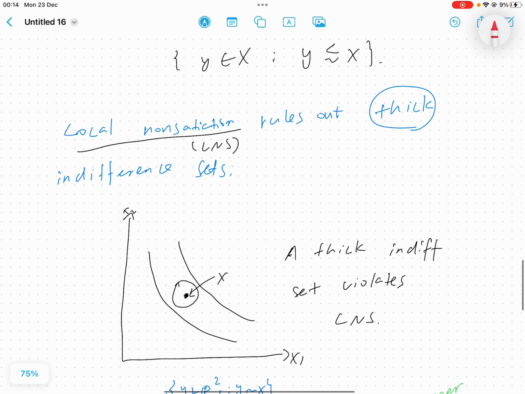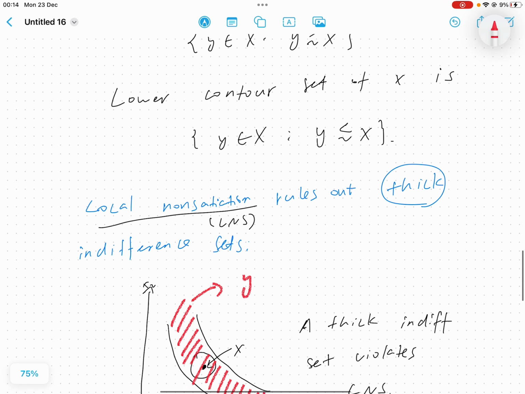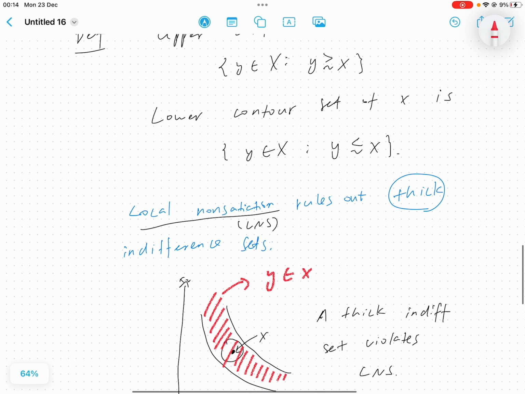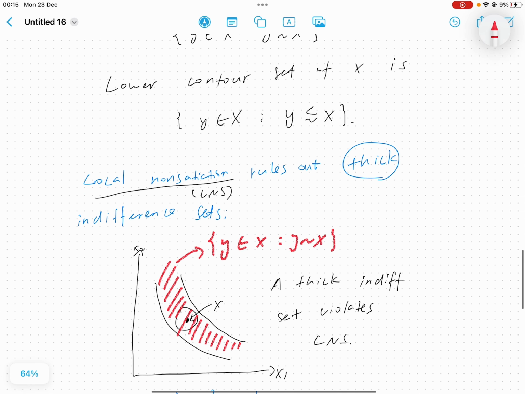Here the black dot in the center is x, and all those areas here are the set of y. So we call this indifferent set thick, literally. This is the thick indifferent set.